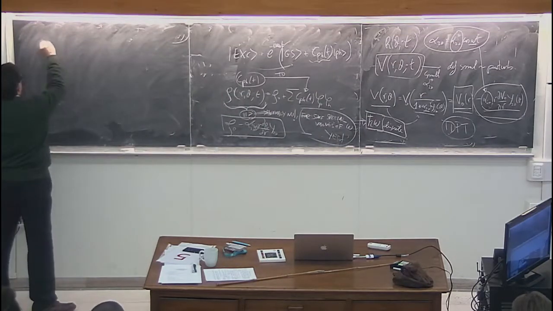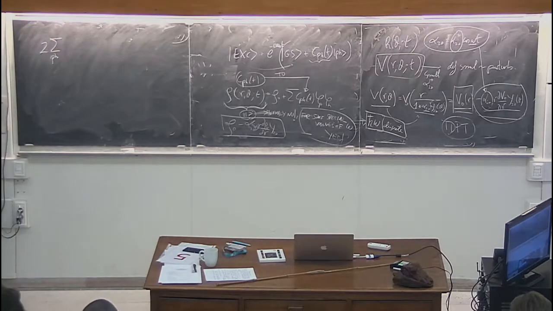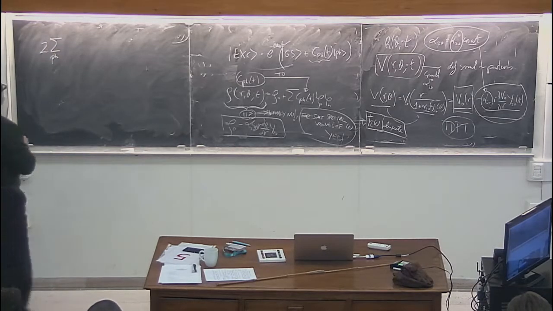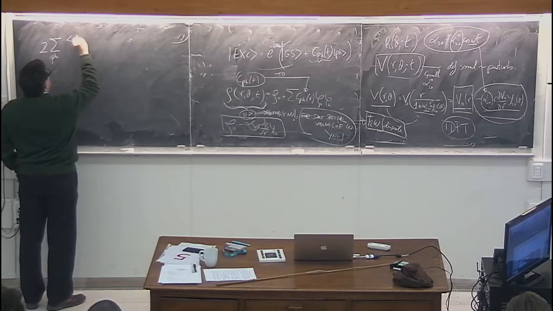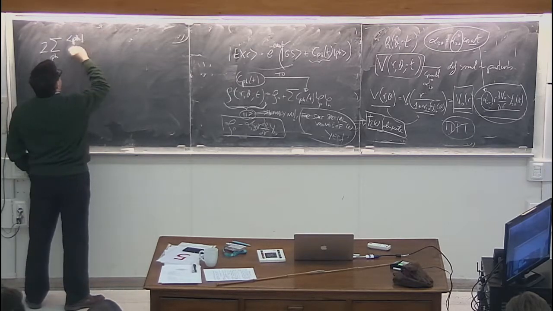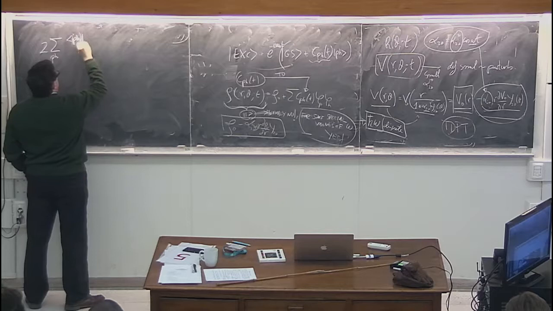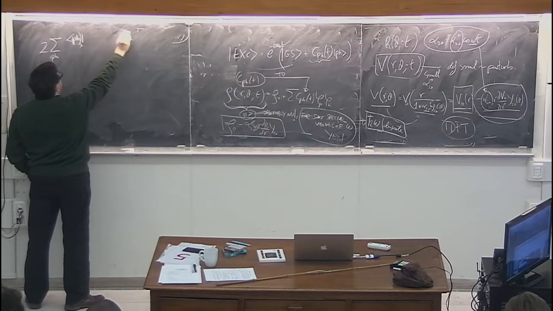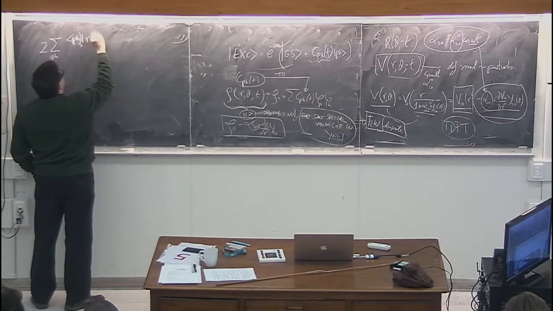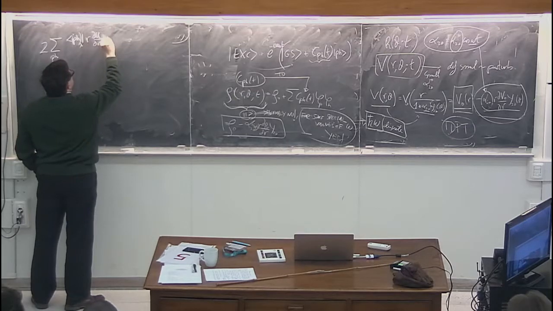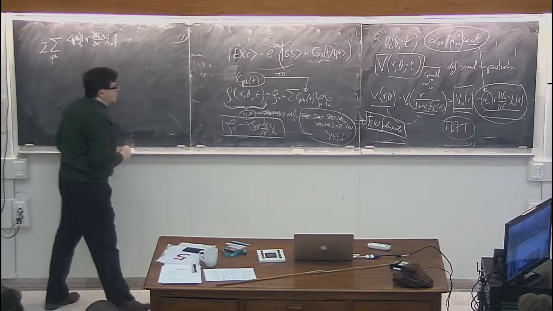We have the perturbation of the potential which connects with the ground state, and this matrix element goes squared.